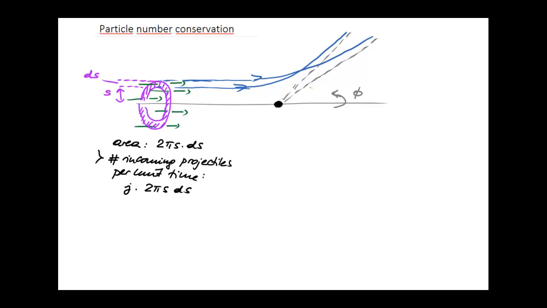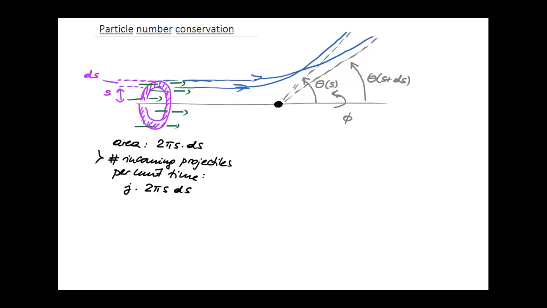So the particle coming from the inner edge of the ring had the scattering angle theta of s. The particle coming from the outer edge of the ring had a slightly smaller scattering angle theta of s plus ds.